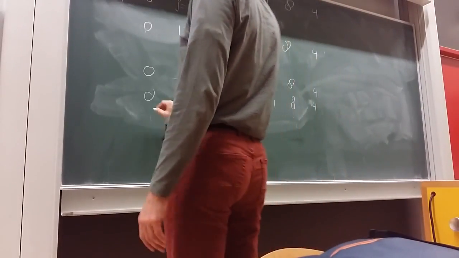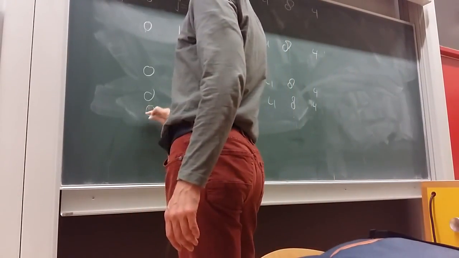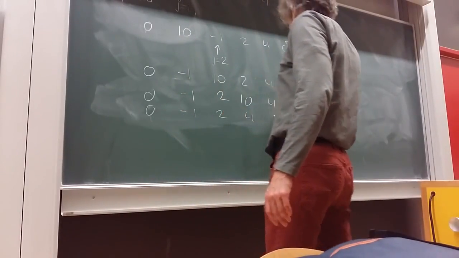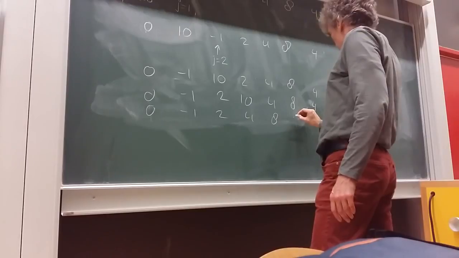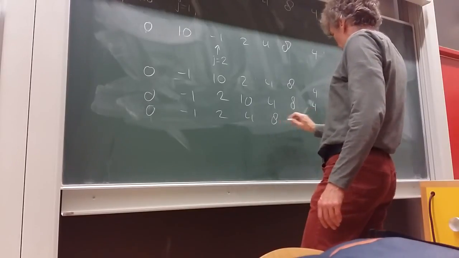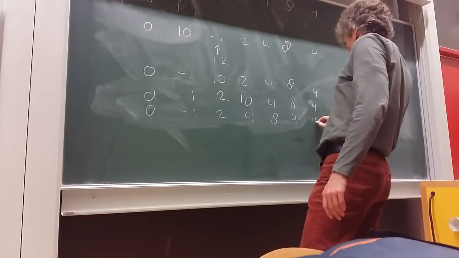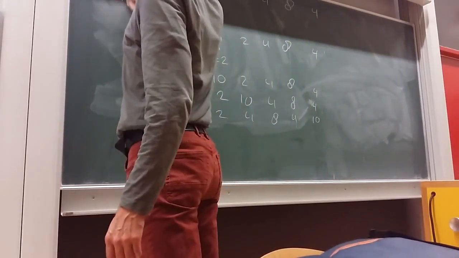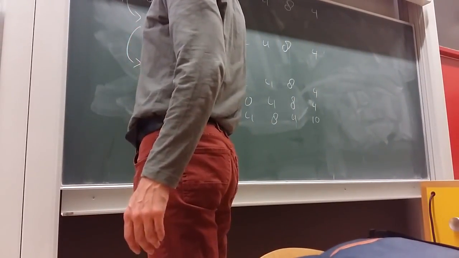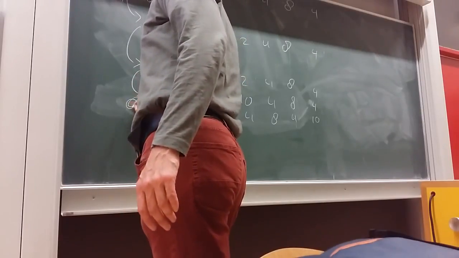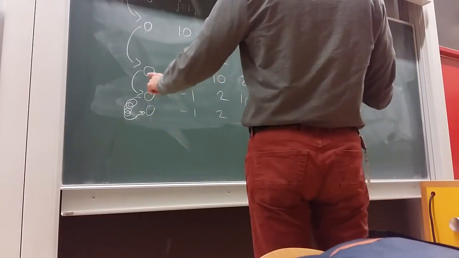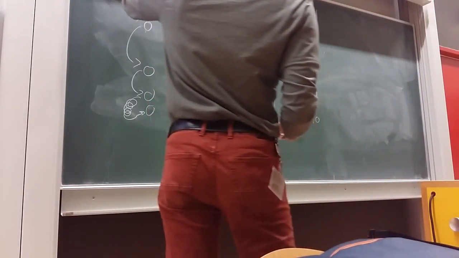And what it ends up with is 0, minus 1, 2, 4, 8, 4, 10. So we go 1 step, 2 steps, 3 steps, and then 4 steps.